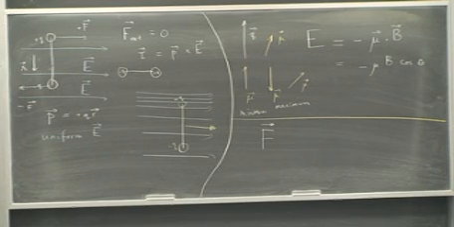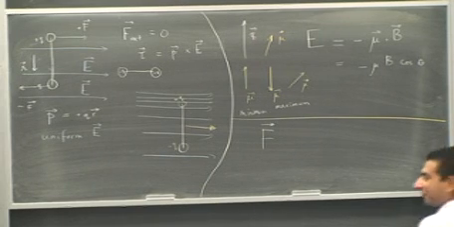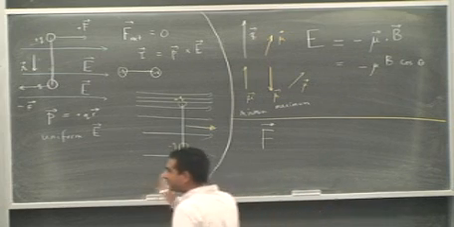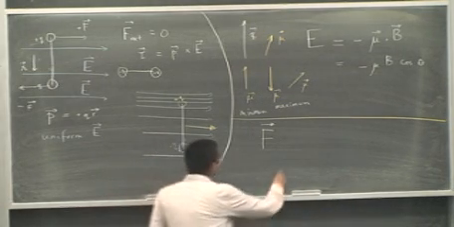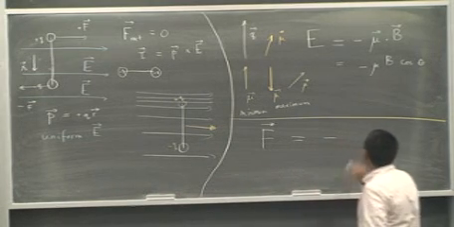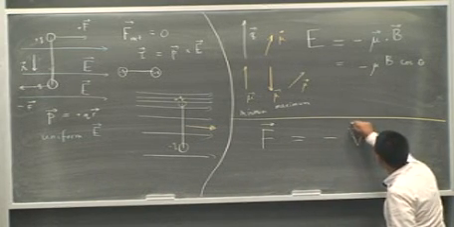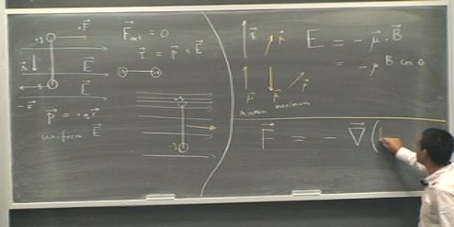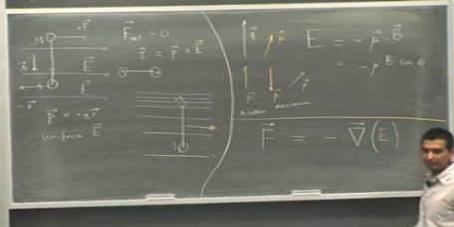These are not new concepts, these are concepts that you've already learned, so we're now applying those concepts, nothing new. I'm going step by step. The force is just given by minus del acting on the energy E, which you can also call U, okay?